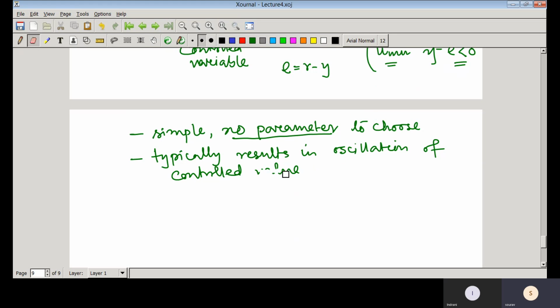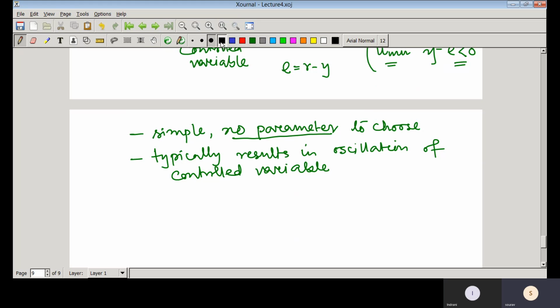The reason is that whenever the error changes, once it becomes positive and again becomes negative, U changes from U max to U min, and there is a discrete jump. So there is an oscillation in the controlled variable. This is one of the disadvantages of on-off control, because if we want a smooth output, we cannot get it.